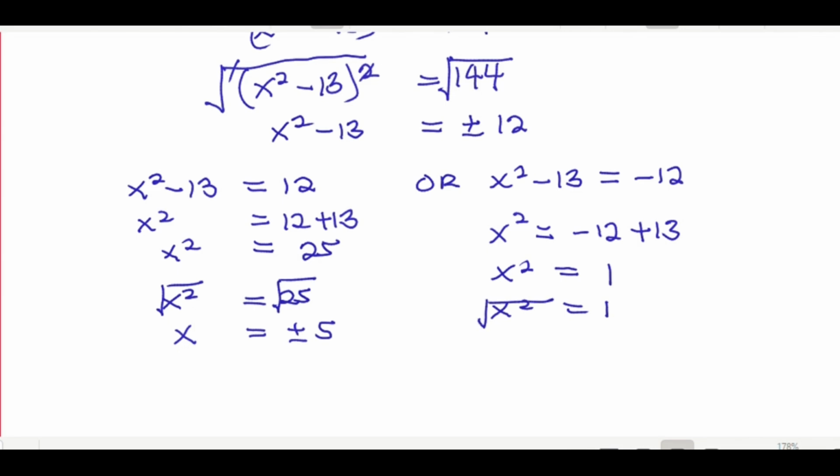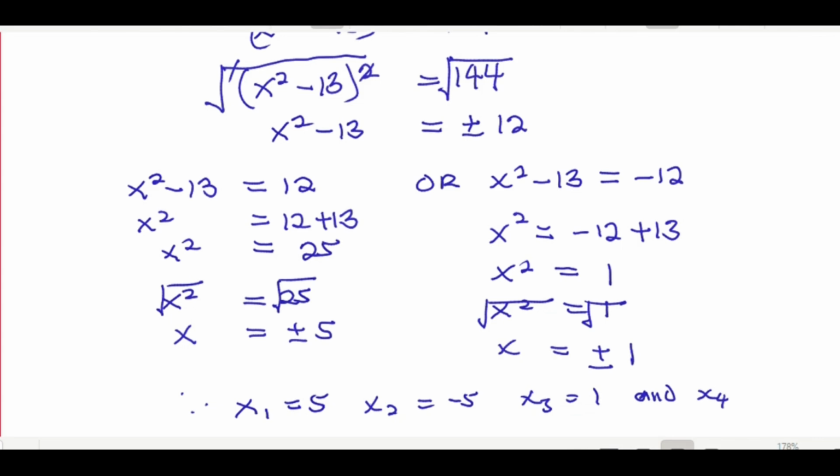Take the square root, so we have x equals plus or minus 1. Therefore the x values are x1 = 5, x2 = −5, x3 = 1, and x4 = −1.